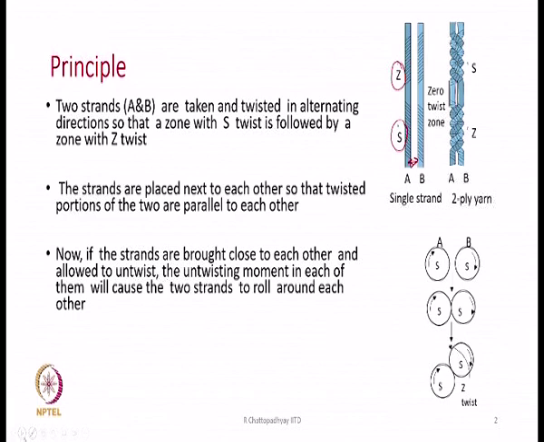So, there will be always untwisting torque. Fibers will always try to come back to their original undeformed state. There is a natural tendency.